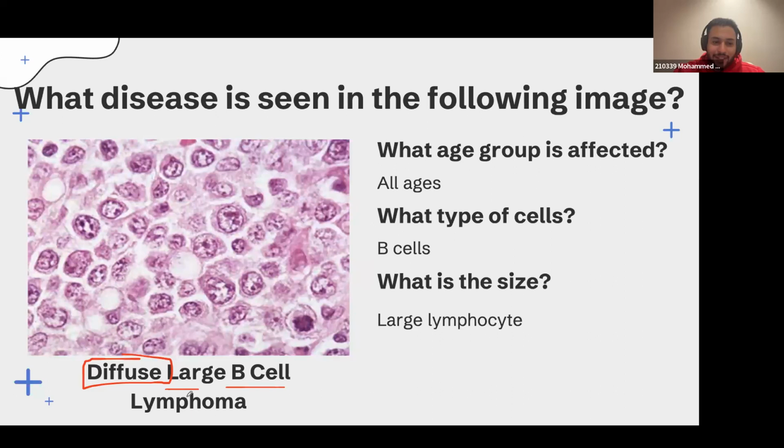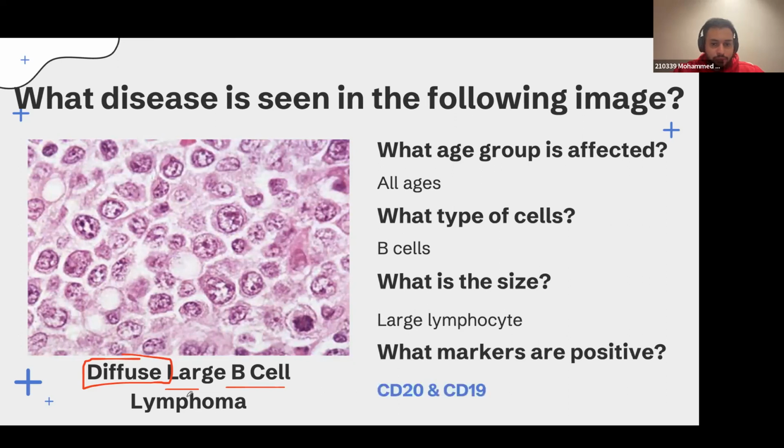And then you have diffuse, which is all throughout the lymph node. Okay, so that's why it's called diffuse large B cell lymphoma. Now, what markers are positive in this? Good. Okay, perfect. CD19, CD20, B cell markers.